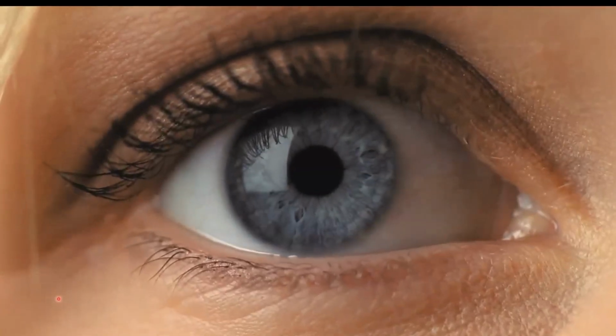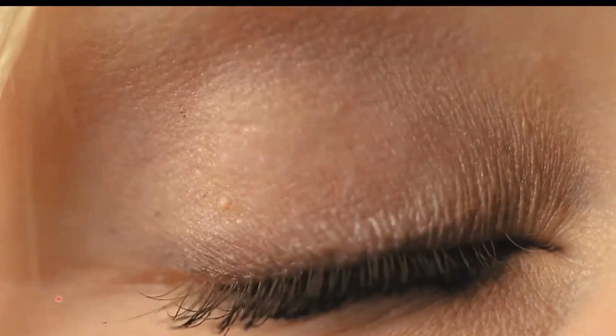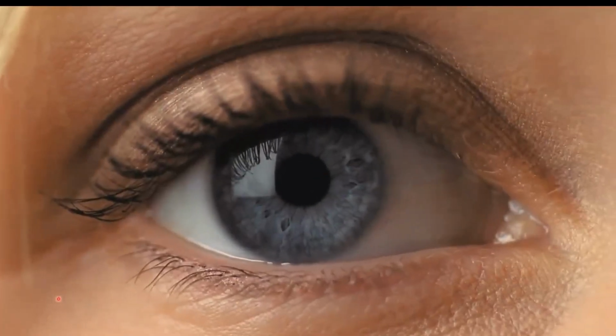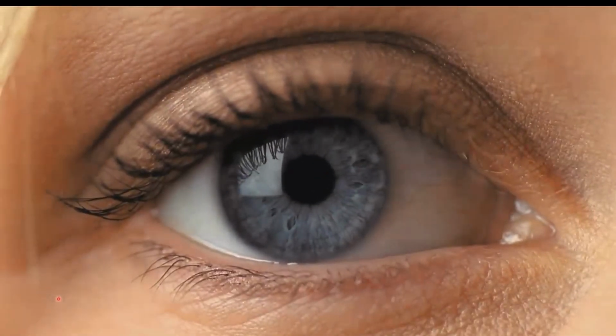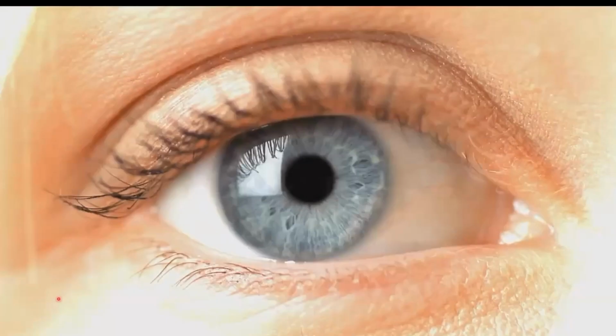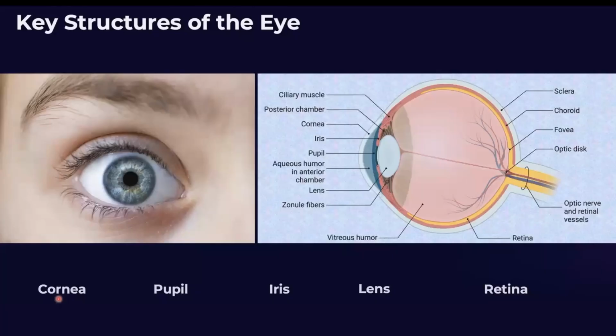Although we often take vision for granted, the eye is an elegantly engineered system that forms images, detects light, and communicates with the brain to create our perception of the world. Understanding how this process works forms the foundation for understanding magnification, lenses, and ultimately the microscope.